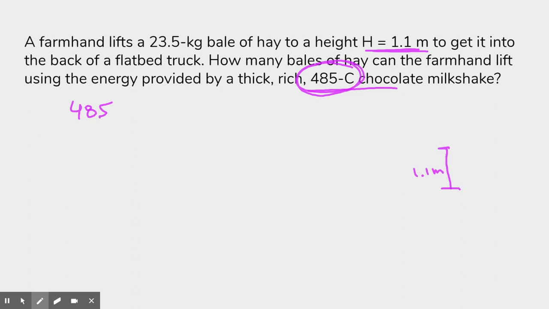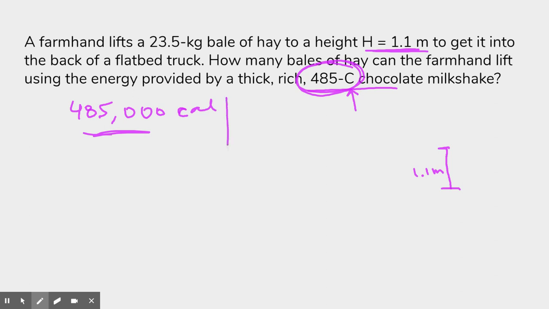Here's something to make note of. This capital C calorie is not the same as a lowercase c calorie. This capital C calorie is actually equal to 485,000 lowercase c calories. And we obviously use the capital C calories on our food boxes because this would be an absurd number of calories.